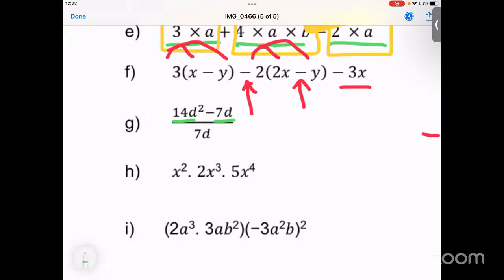I think 7 can be taken out, and also d can be taken out. For the first term, if you take out 7, you remain with 7. If you take out d, you remain with 1d, because it was 2 of them. That squared would mean it was 2 of them. So it's like you have 7 multiplying 7.